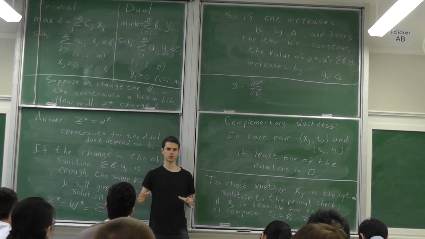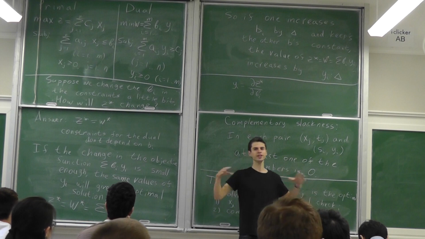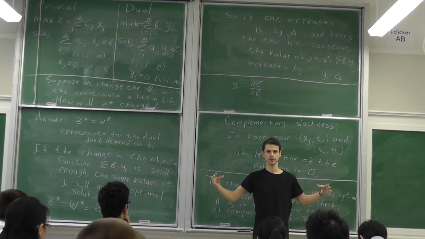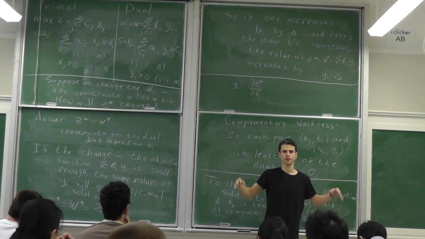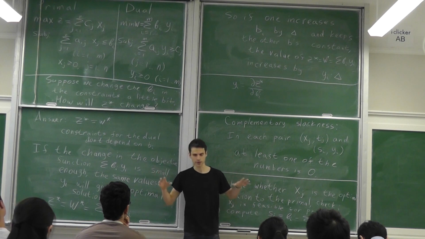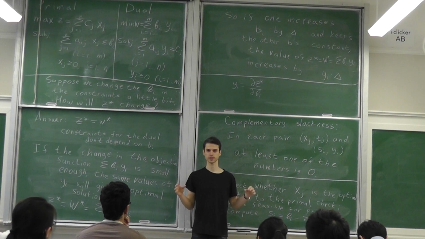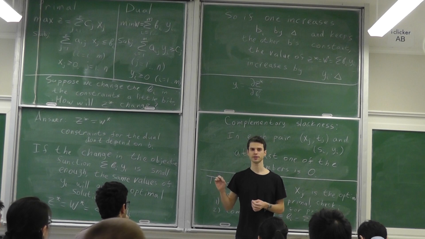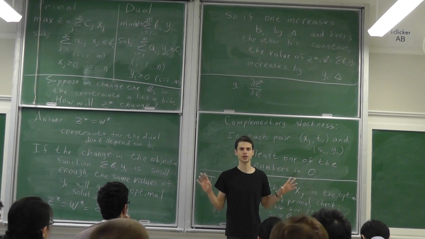So let's suppose that we have a constraint which was about using 50 workers for your production. You solved the original problem and found that your profit is 1,000. Suppose you now increase the number of workers by just 1. And let's suppose that 1 is small enough compared to 50.